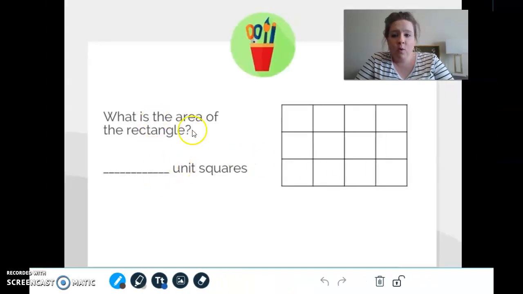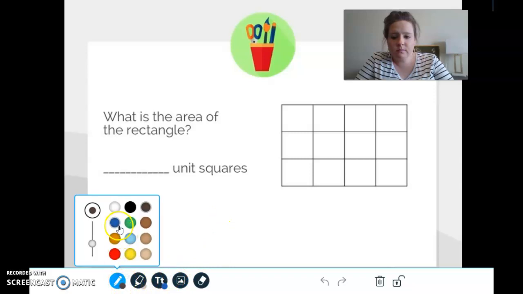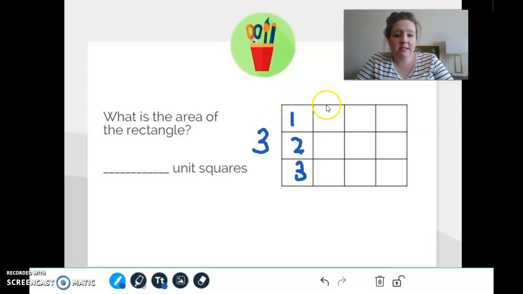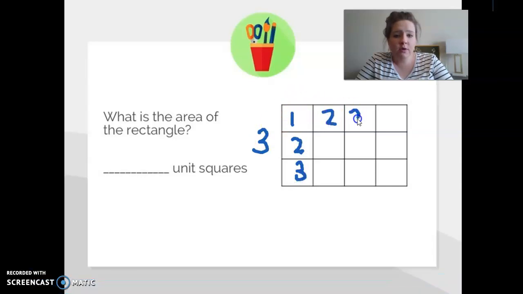Okay? What is the area of the rectangle? Okay, the area of the rectangle, this is 3. 1, 2, 3. This is 1, 2, 3, 4.